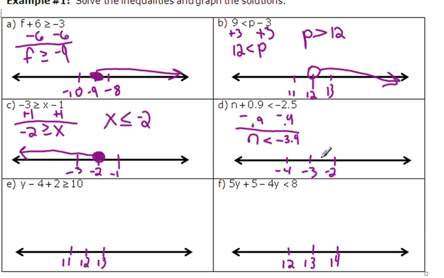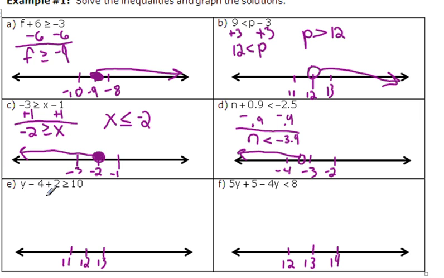Now when I graph this one, obviously I can't graph negative 3.4 at the tick marks, but I know negative 3.4 is between negative 3 and negative 4, so I'm going to make a circle about here. It's an open circle because it doesn't have an equal to, and since it's less than, I'm going to the left.